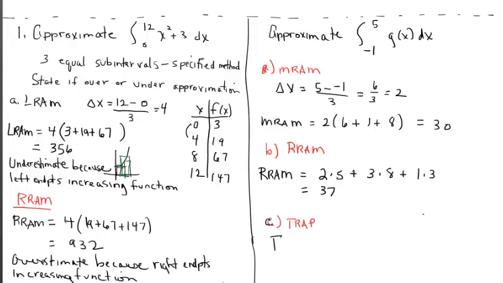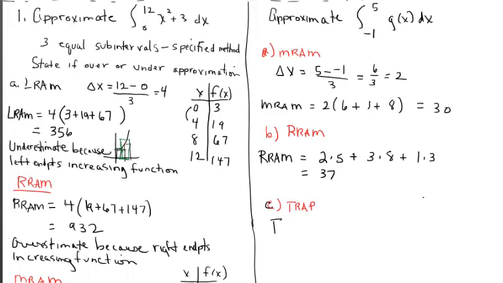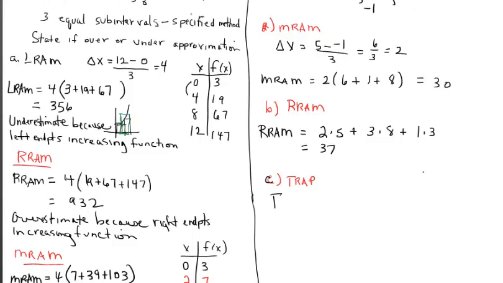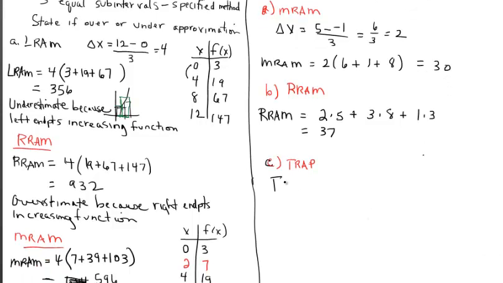All right, and for the trap method, we're going to use 3 trapezoids to help us estimate. I'm just going to set up 3 formulas. Okay, and then unlike the trapezoidal method on the left side here of the page, these are unequal. But they're the same widths as what they were for the right RAM.